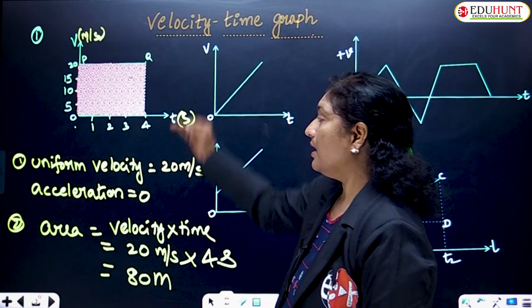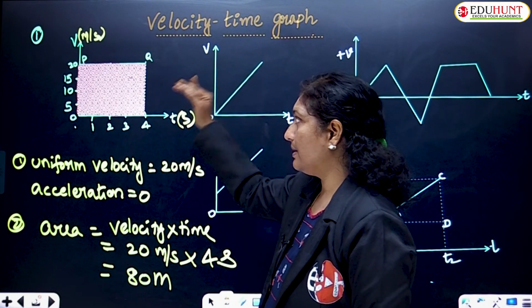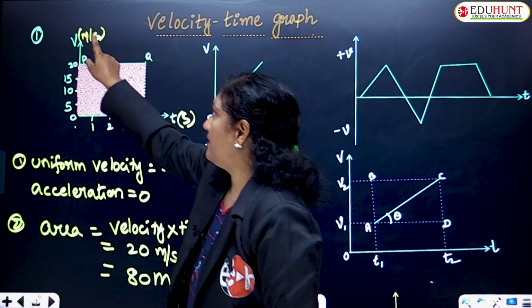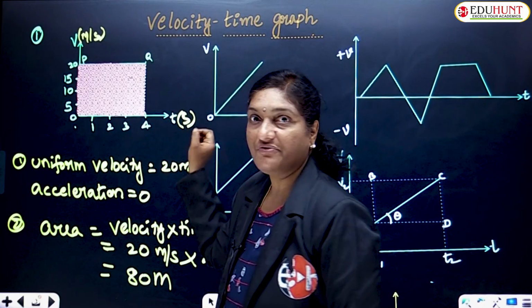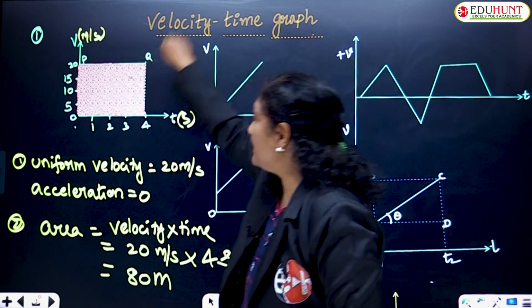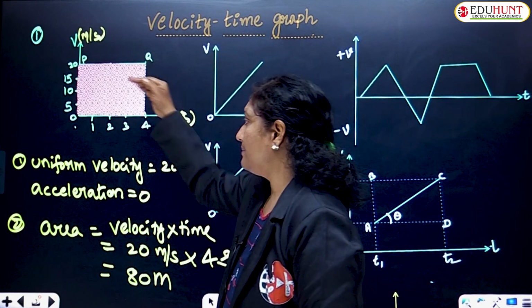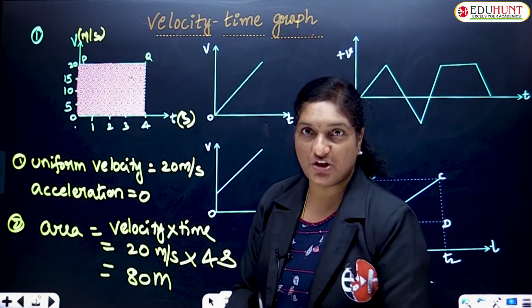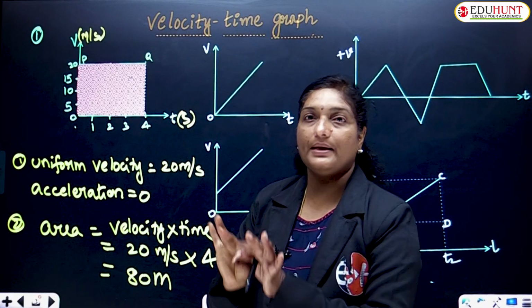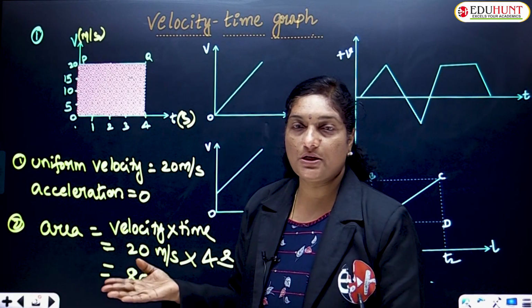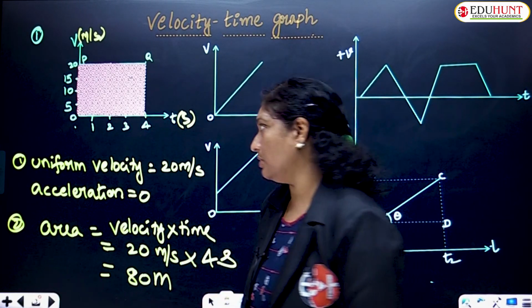So whenever the velocity time graph is drawn parallel to the time axis, parallel means slope is 0, and slope 0 means acceleration is 0.